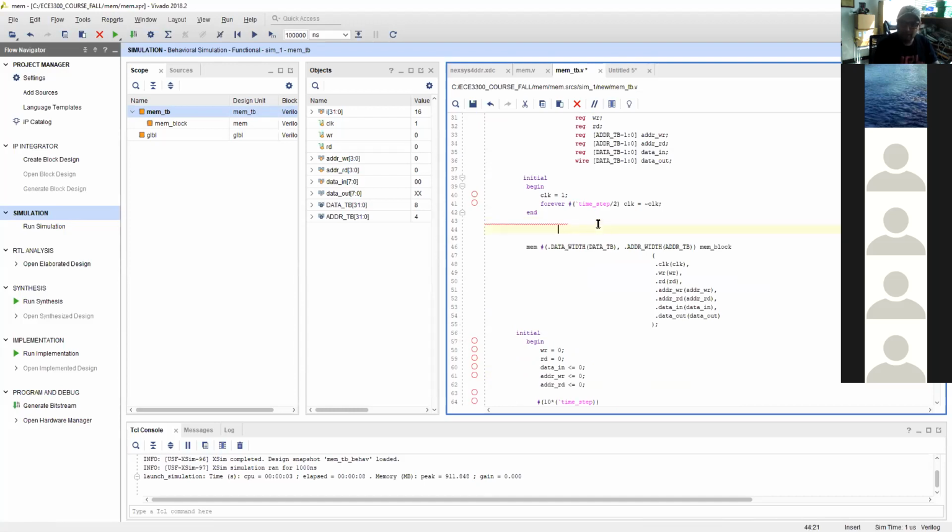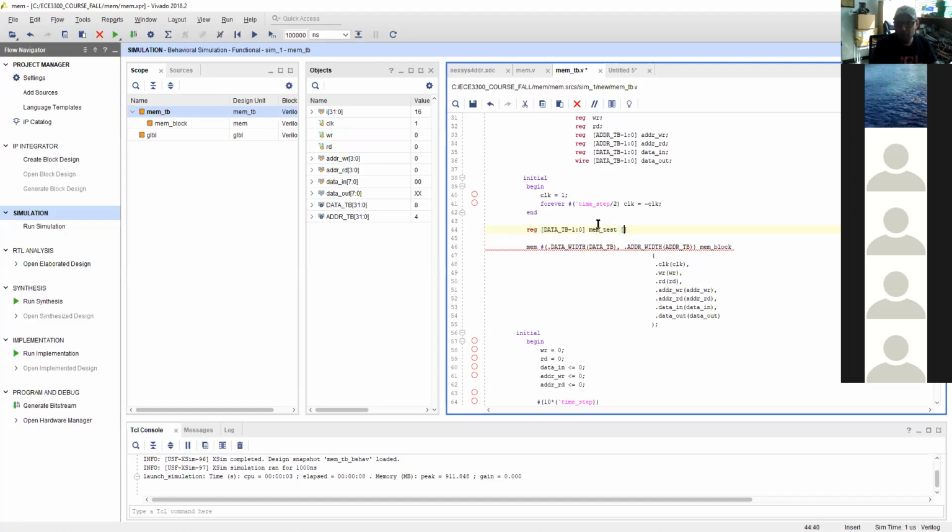I can come and say reg mem test, which is the size of it, data TB, -1 to 0.